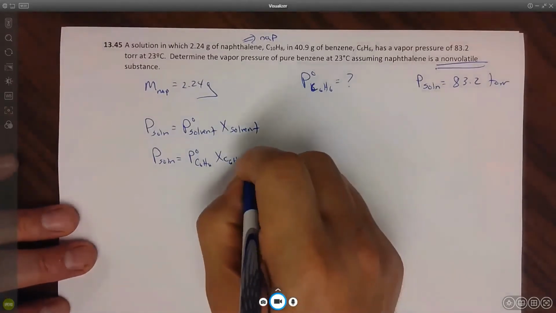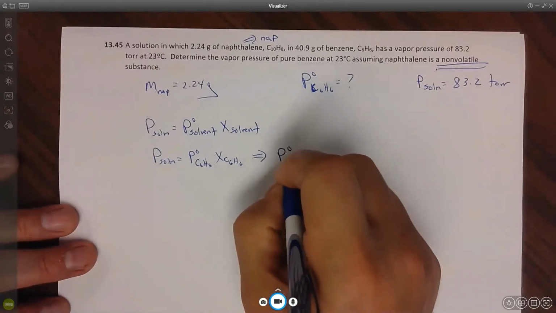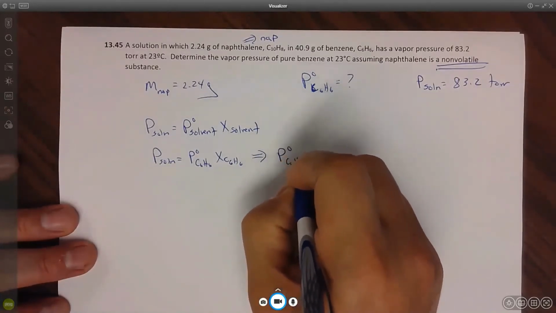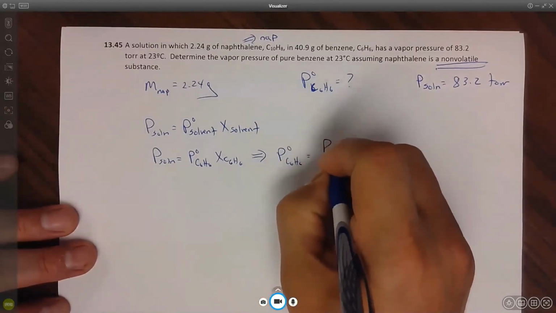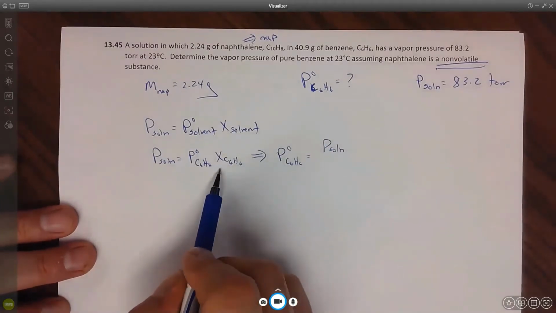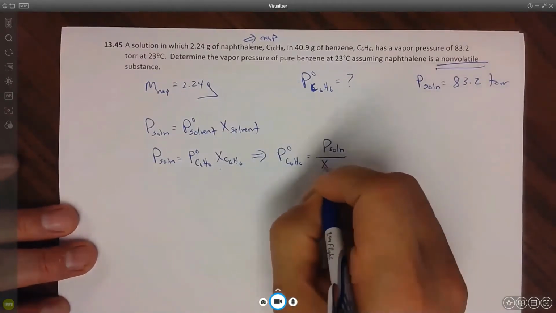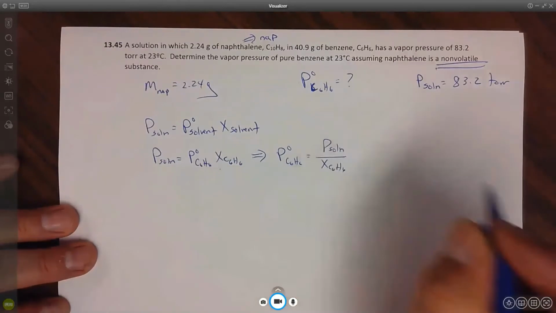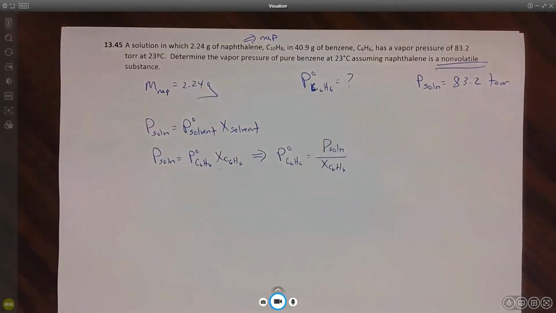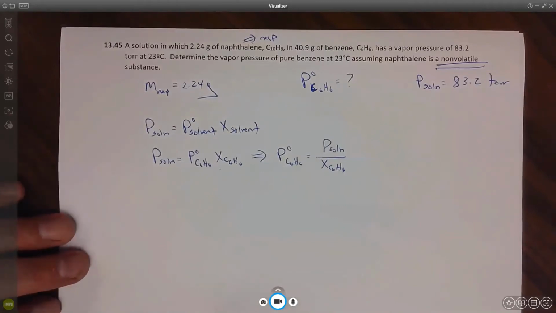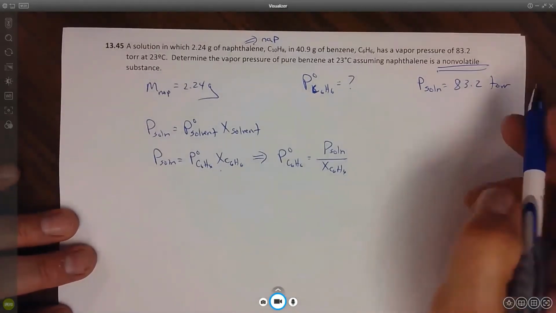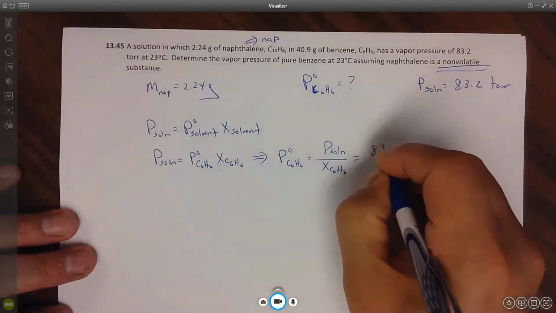So I would simply rearrange this equation. The vapor pressure of the pure solvent is just going to be the vapor pressure of the solution divided by the mole fraction of the solvent, benzene. Do I know the partial pressure of the solution? Yes, it was given to us. That's just 83.2 torr.